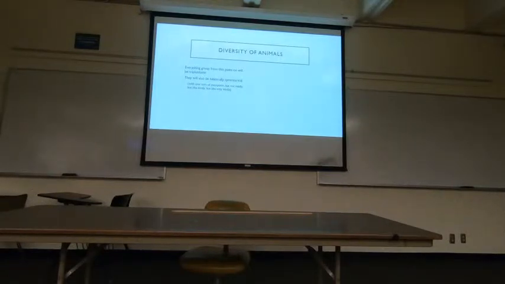Now, when we talk about bilateral symmetry, that's the type of symmetry we have, right? And that yields a very specific advantage. What is that advantage? Think about it for a second. What does bilateral symmetry allow an organism to have or do?